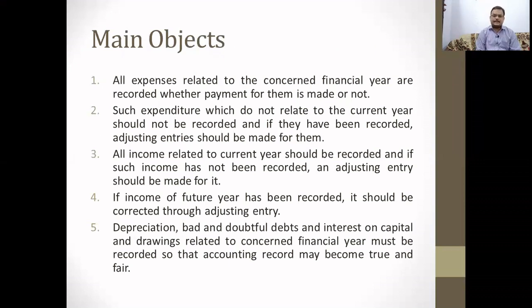All the expenses related to the current financial year, whether the payment is made or not made, but the expenses realized, should be recorded in the same financial year. That is the realization concept of accounting, which follows that particular rule.